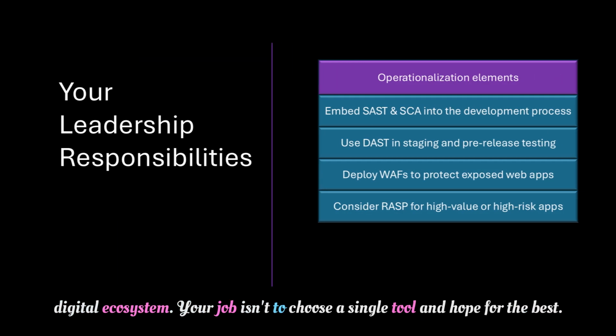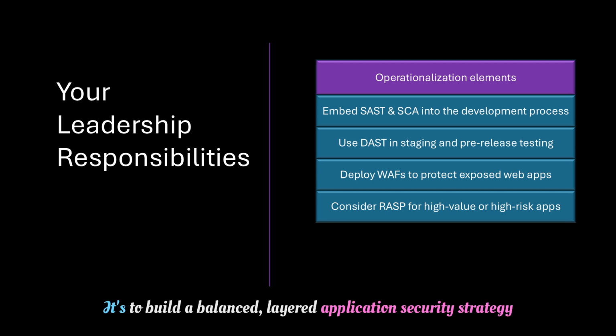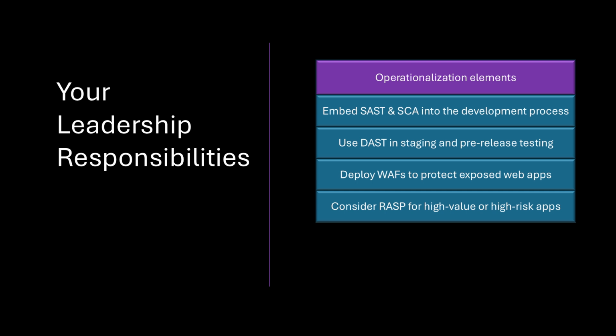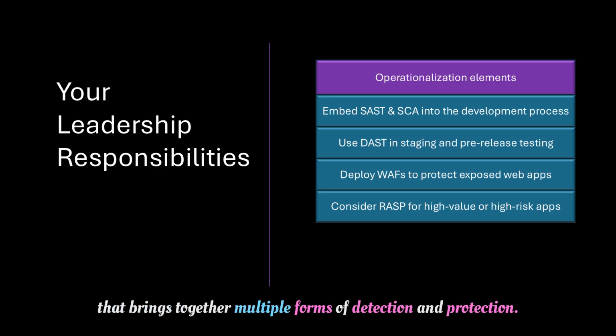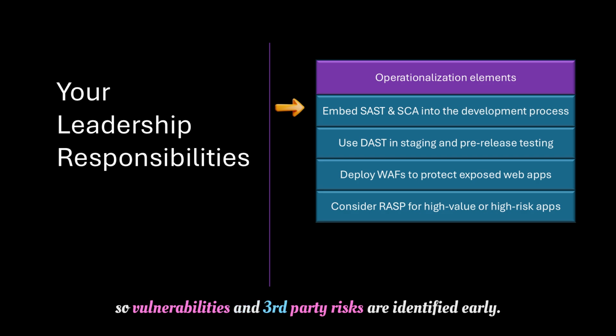Your job isn't to choose a single tool and hope for the best. It's to build a balanced, layered application security strategy that brings together multiple forms of detection and protection. That means embedding SAST and SCA directly into the development process so vulnerabilities and third-party risks are identified early.